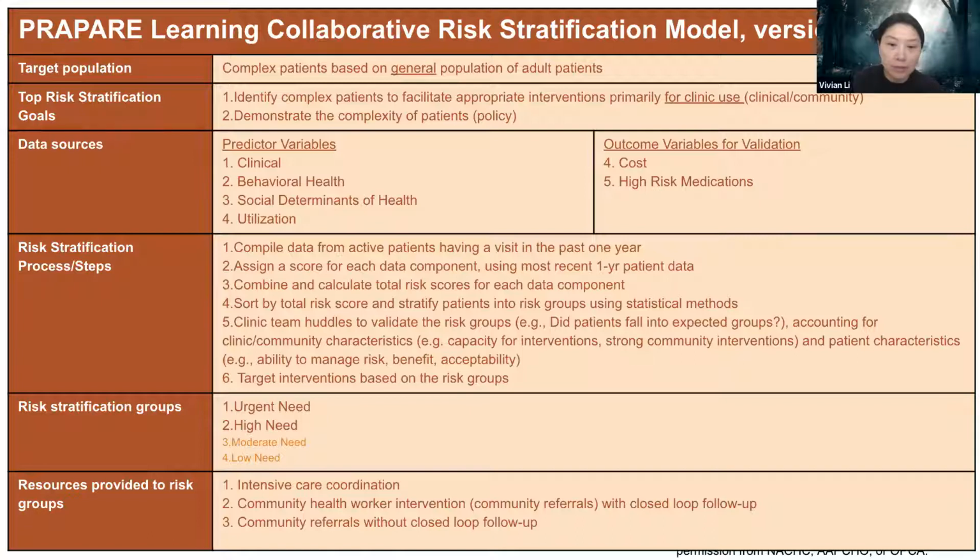The risk stratification groupings we developed were classified as urgent need, high need, moderate need, and low need. And finally, we also discussed the recommendations for resources that should be provided to different risk groups, which we'll have a start on, but we'll be working on more in the future. Next slide, please.